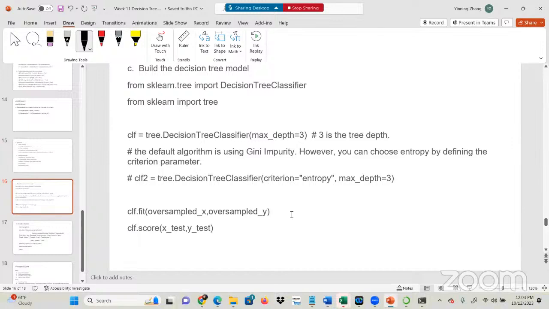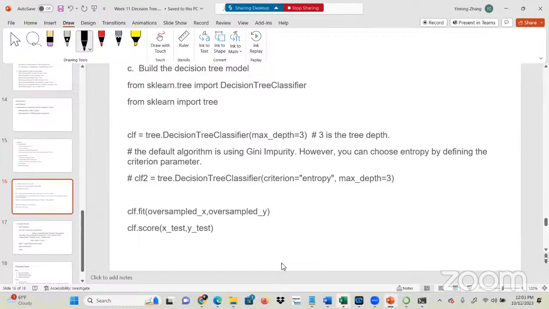How do we decide this number? Same as k-nearest neighbor, you try different numbers and see which one gives you the best accuracy.